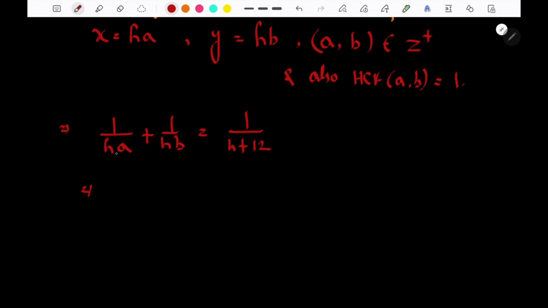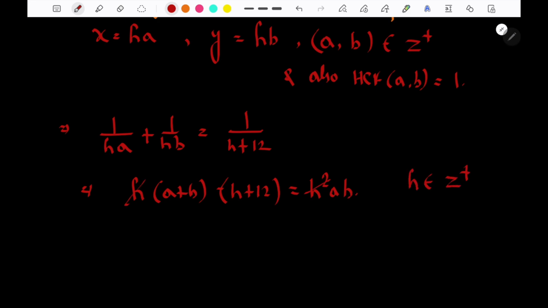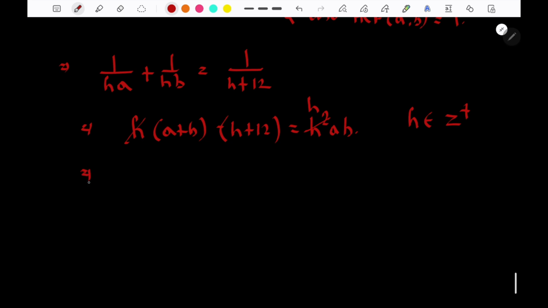If I take the LCM, this will be h times a plus b, is equal to, or we can write directly by cross multiplying, (a plus b) into (h plus 12) is equal to h squared ab. Now since h belongs to Z plus, we can cancel h here. So ultimately this becomes (a plus b) into (h plus 12) is equal to h ab.